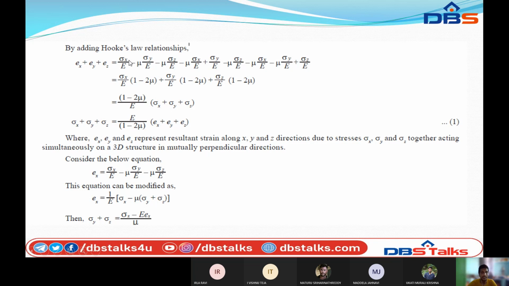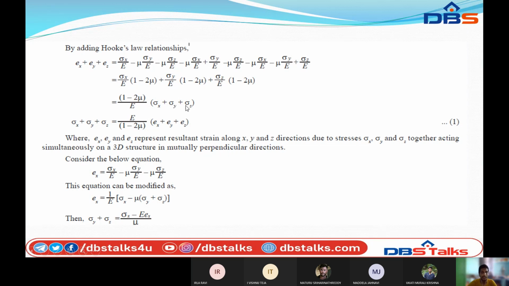Sigma x by E is common, then sigma y by E is common with 1 minus 2 mu, and sigma z by E is common with 1 minus 2 mu. Writing 1 minus 2 mu divided by E as common, the remaining terms will be sigma x plus sigma y plus sigma z.